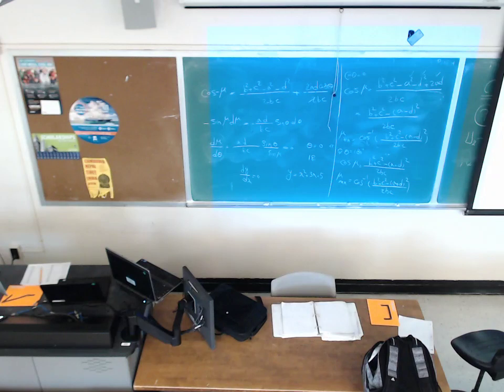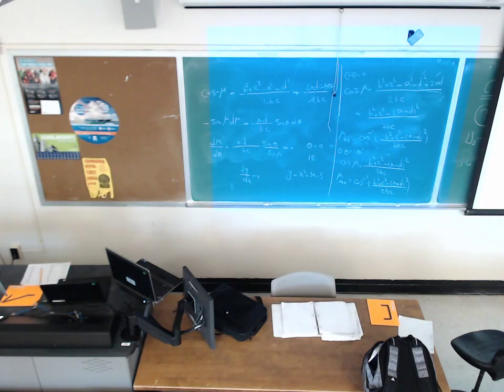This length is A plus B, so I can write D squared, because it's opposite to mu min, equals (A plus B) squared plus C squared minus 2(A plus B)C cosine of mu min.